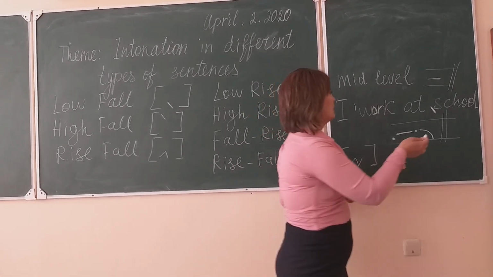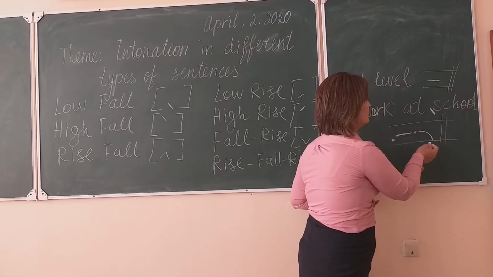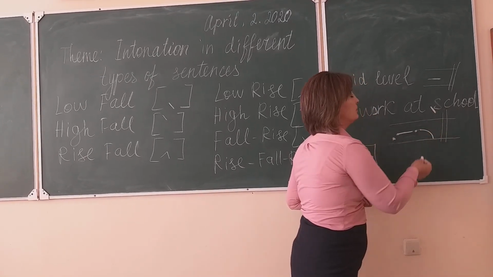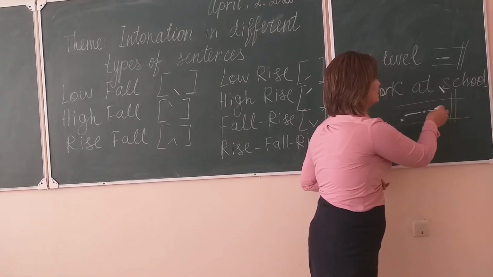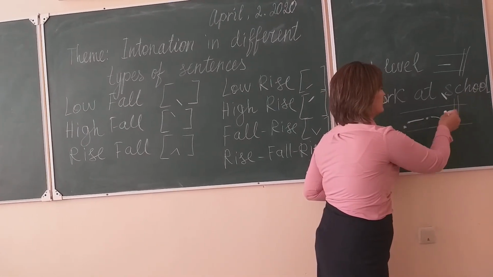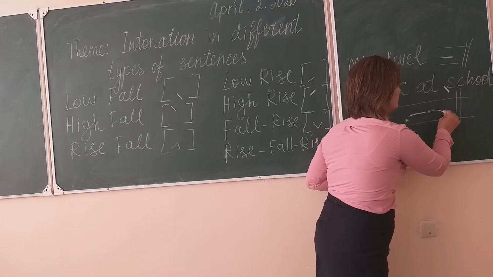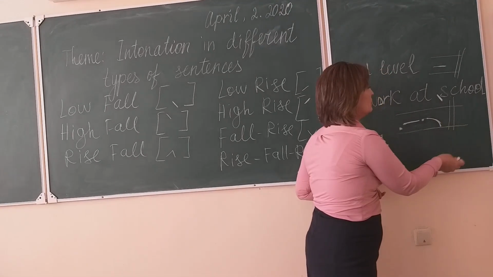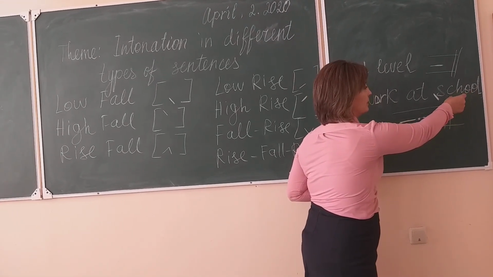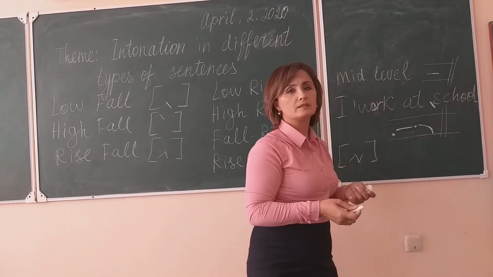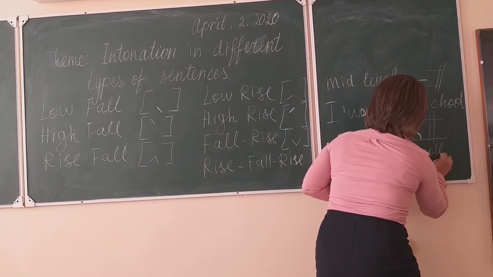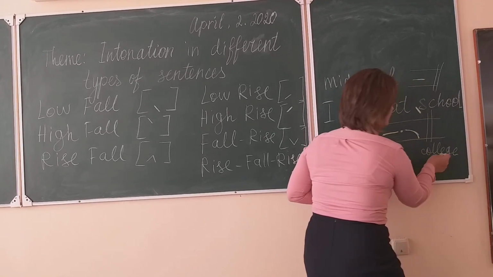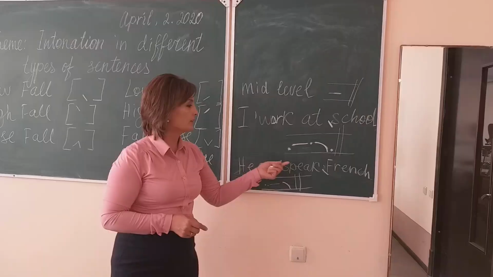Because our nucleus, the last stressed syllable of an intonation, consists of only one syllable here. So that is why we mark it like this. If it's college, for example, it consists of two syllables. Let's write down college here. It consists of two syllables.